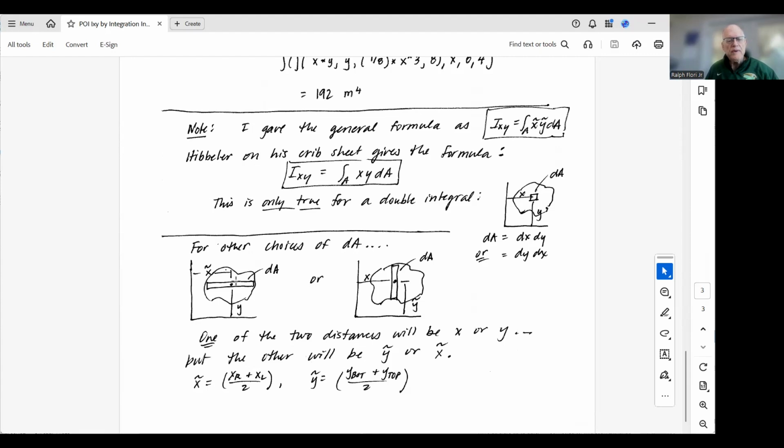For a horizontal element, then the y will be y, but the x will be x tilde. For a vertical element, the x will be x, but the y will be y tilde. So neither my approach nor his approach is exactly true, except for the double integral, and his is true for that for sure.